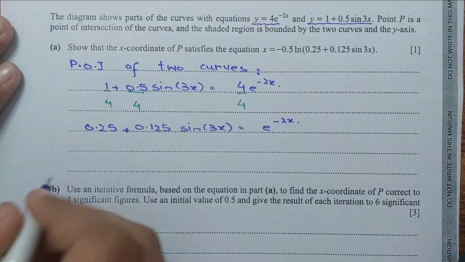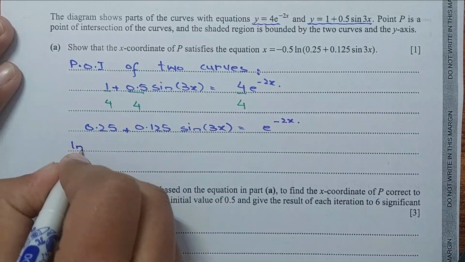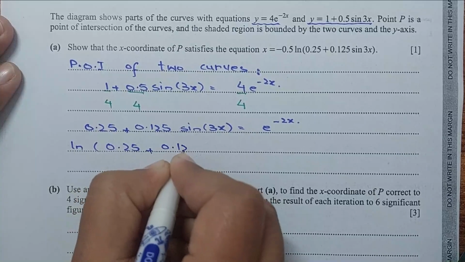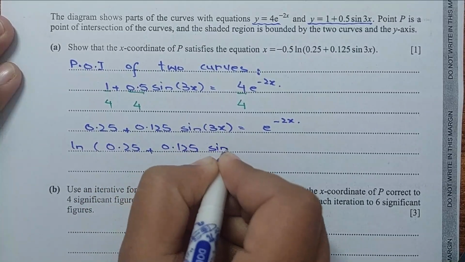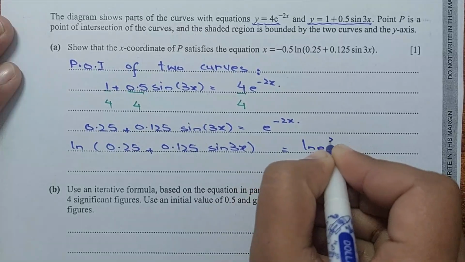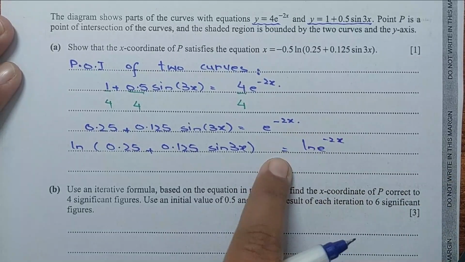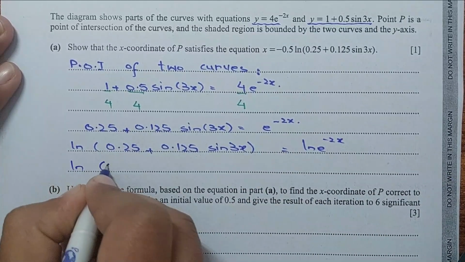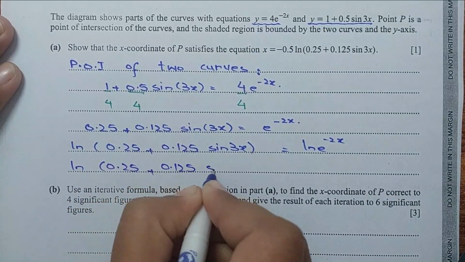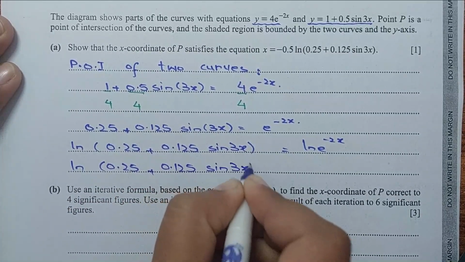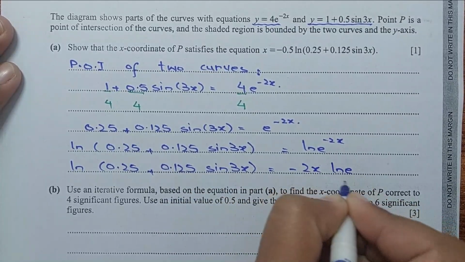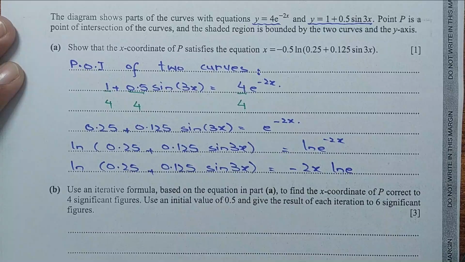Now taking natural log on both sides, natural log of 0.25 plus 0.125 sine 3x equals natural log of e to the power minus 2x. The power comes before the log, so it equals minus 2x natural log of e. Natural log of e is always equal to 1.